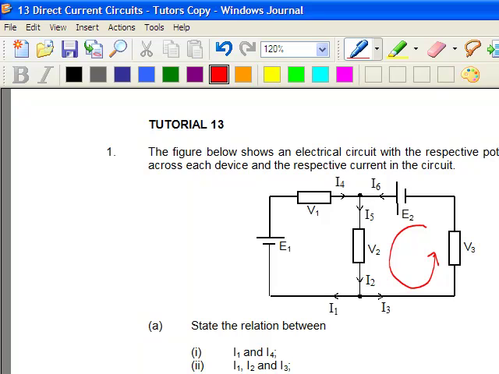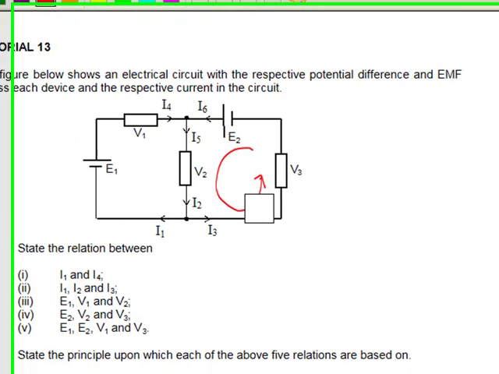You will get the same answer, but it's not so advisable. I draw this because the battery current goes in an anti-clockwise manner, following the conventional current. So what's your answer? E2 equals V2 plus V3. Perfect.